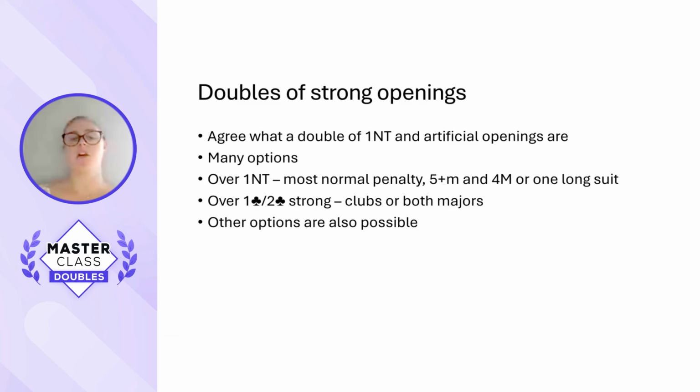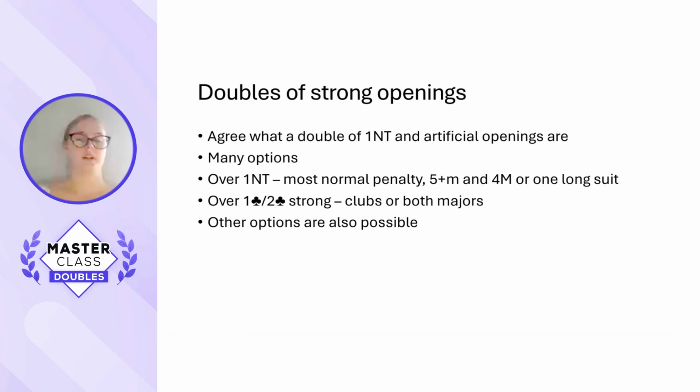So over a no trump, the most normal things a double can mean are either penalty, a 5-card minor and a 4-card major, or one long suit. There are also other options. As we see, there's quite a big difference between those, so be a bit careful if you haven't talked to your partner about it.